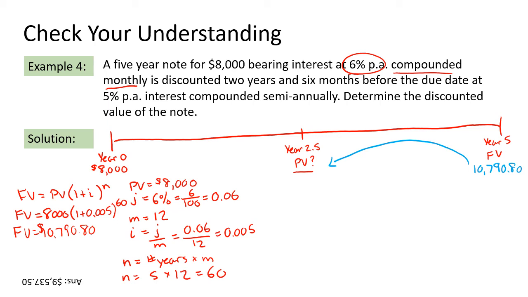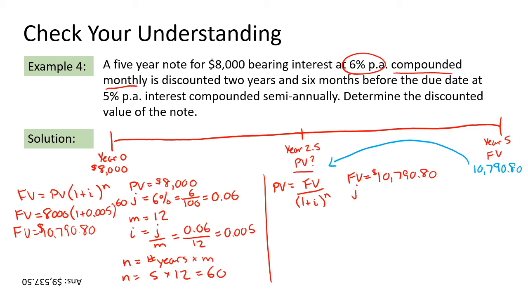So now that we're finding the present value, remember the formula is different. The present value is equal to our future value divided by 1 plus our periodic interest rate, to the exponent n. So what do we know in this formula? We know our future value, that's equal to $10,790.80.